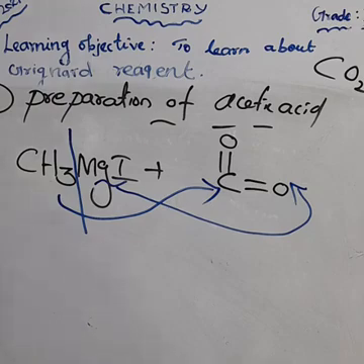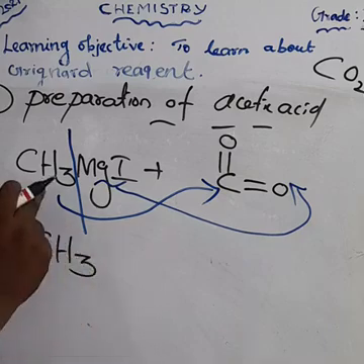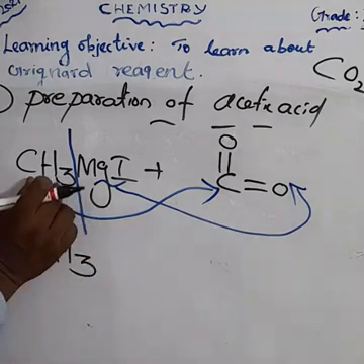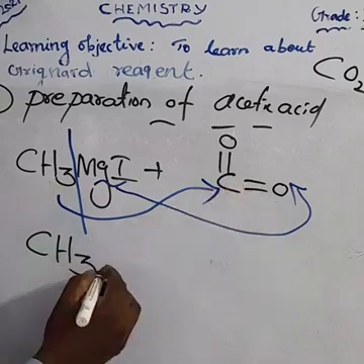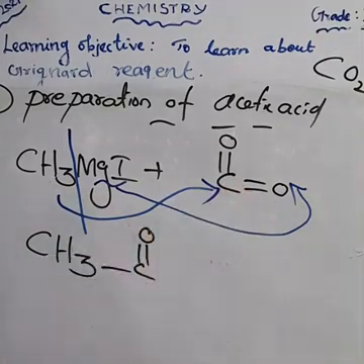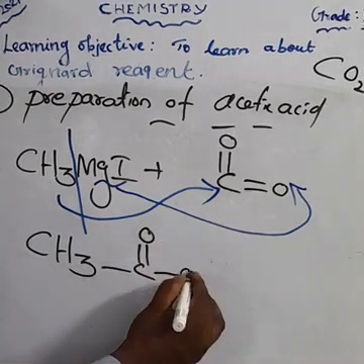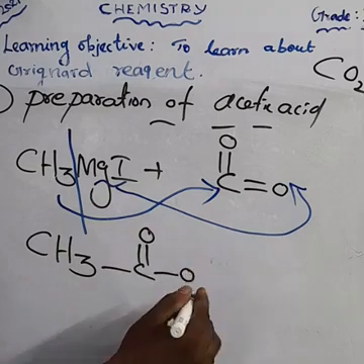So what is our expected product structure? CH3 is attached to the carbon. Next you write carbon, with a double bond oxygen above. Here the other double bond is converted to a single bond oxygen, and the MgI is attached here.